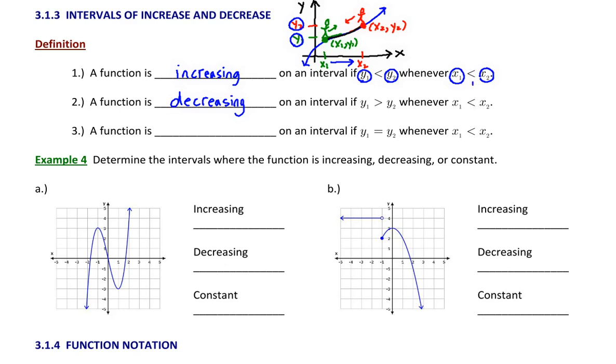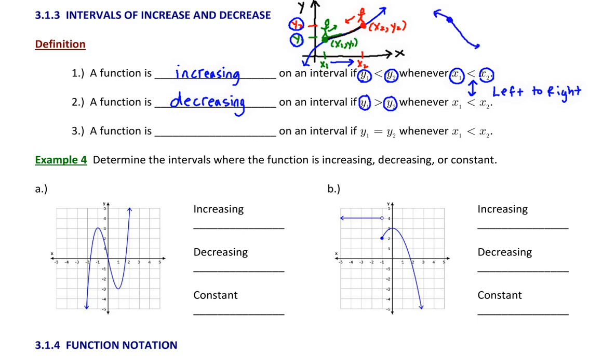So again, my inequality for x is the same, so we're always reading left to right. But in this definition, if the first y value that I come to is bigger than the second y value, then it must be decreasing.